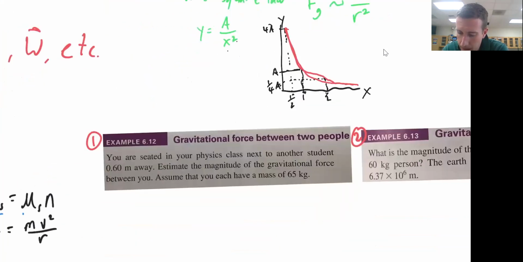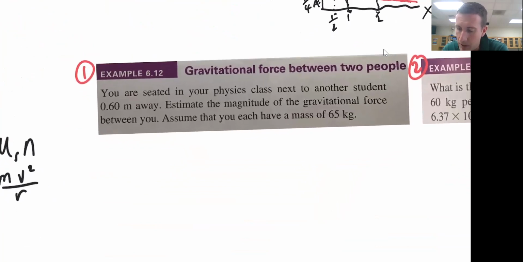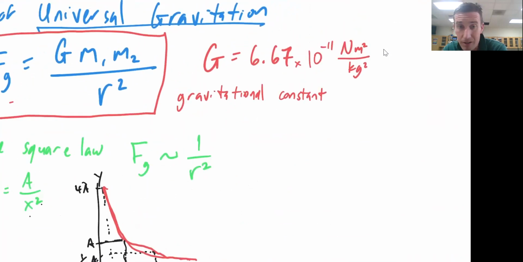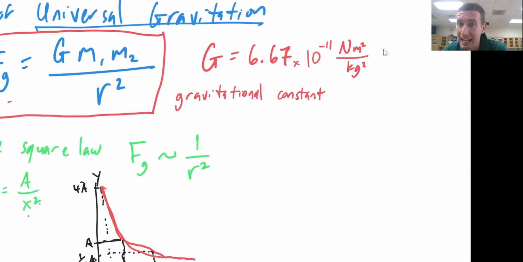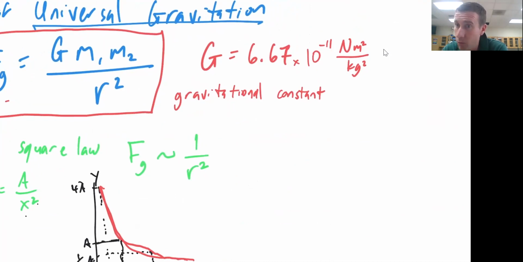All right, let's do some samples. Gravitational force between two people. Oh, the other big piece is that we have a value for the gravitational constant. The gravitational constant is 6.67 times 10 to the negative 11th newtons meters squared per kilogram squared. That's a tiny itty bitty number, which means gravity only works when things are really big, like planets or stars.